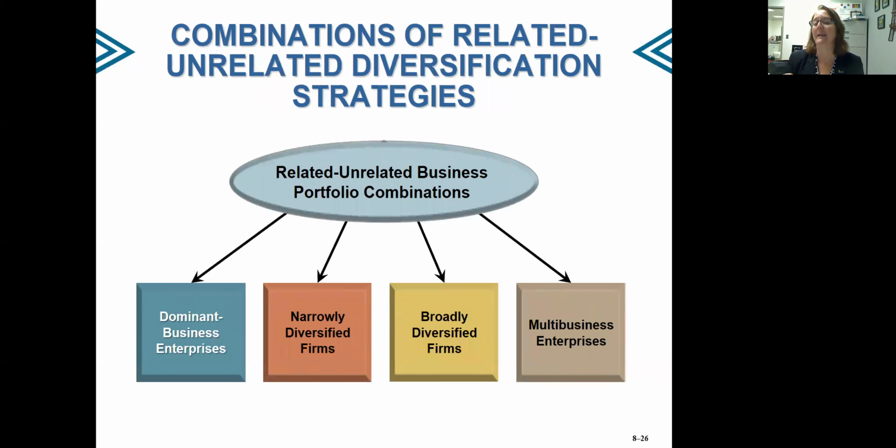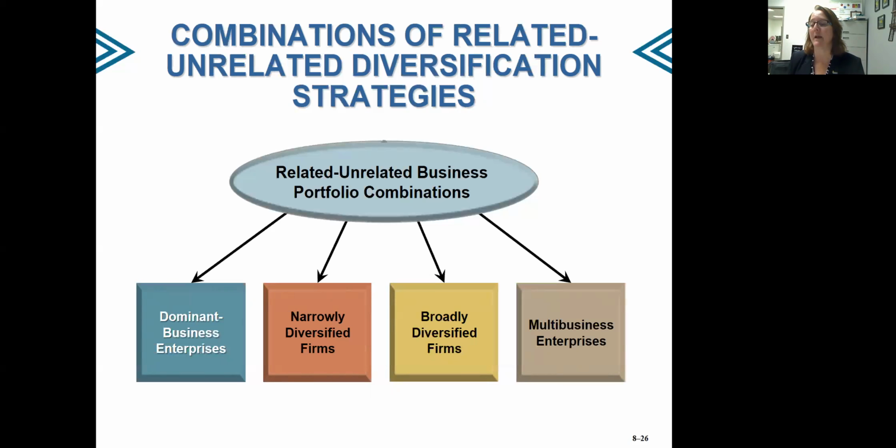When you're comparing related versus unrelated businesses, like a portfolio combination, you have a dominant business enterprise, narrowly diversified firms, broadly diversified firms, or multi-business enterprises. So, for example, Procter & Gamble and Unilever are manufacturers of home products, from kitchen to cleaning to hygiene to all sorts of home-based products.